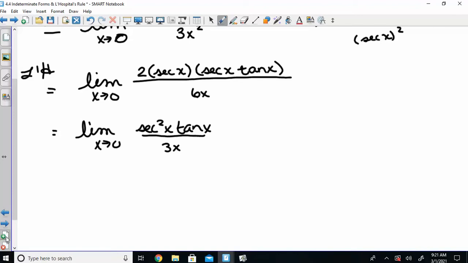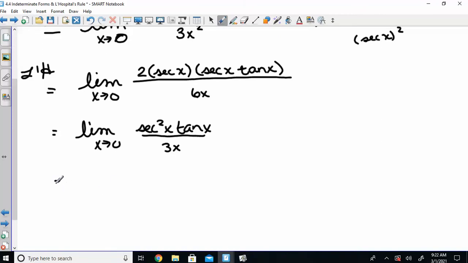If I just plugged in, secant of 0 is 1, tangent of 0 is 0 over 0. So it's still 0 over 0. So technically, I could do L'Hopital's again, but the top is getting uglier each time, isn't it? Because when I have all these trig functions, those derivatives are not pretty. So it is a possibility and it will work, but it's just going to make the top uglier. We still have all of our other strategies that we can use.